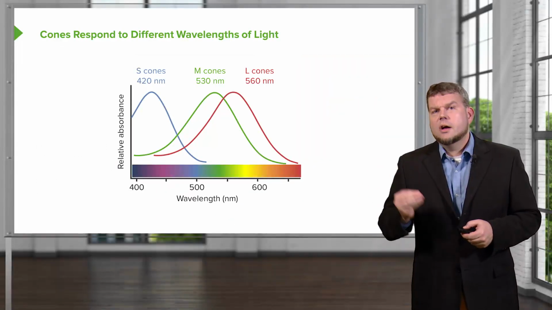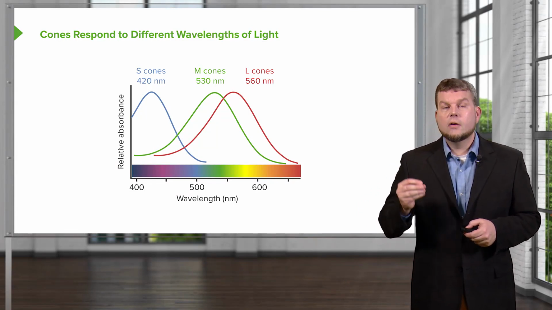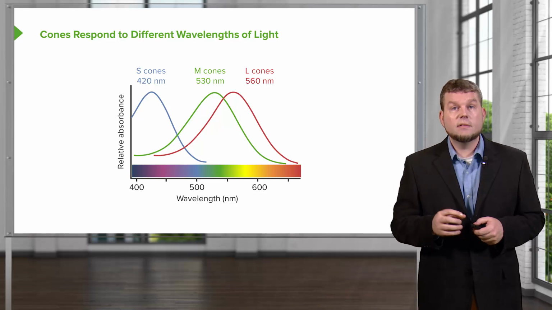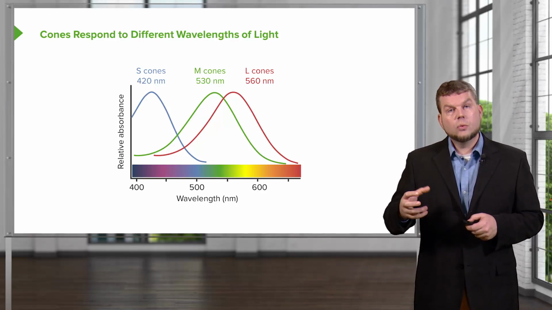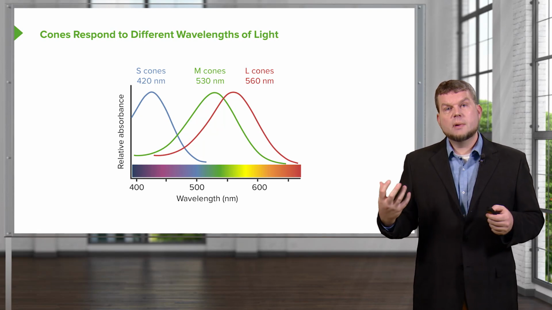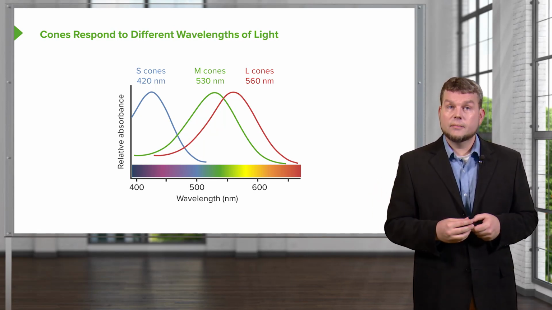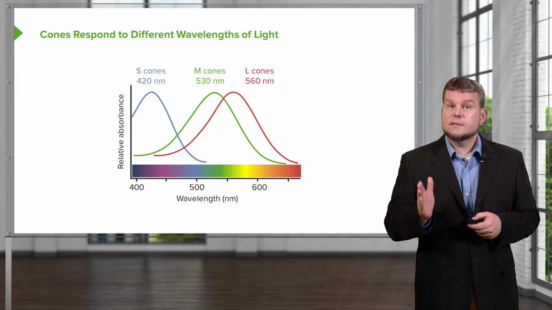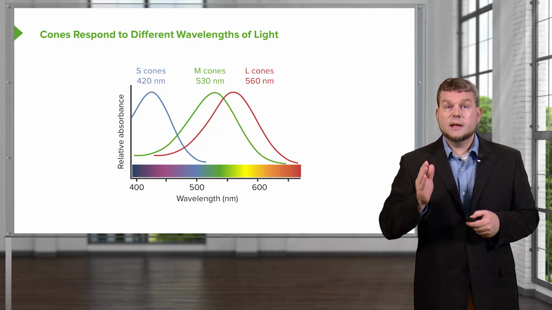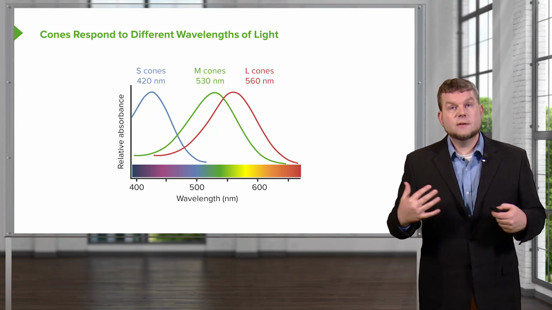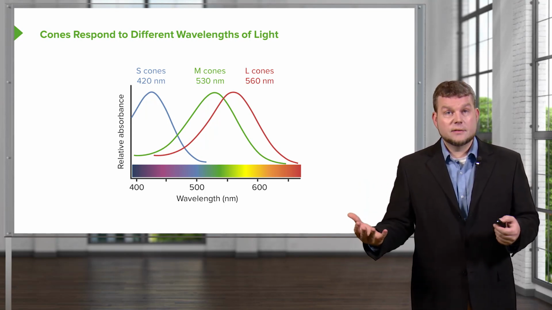Now that we have talked through the process of rods, let's now switch to cones and different wavelengths of light. So rods are going to be responsive to just light, but not to different colors of light. Cones have the distinct responsibility of being able to sense color changes, and it does that by different frequencies of light.